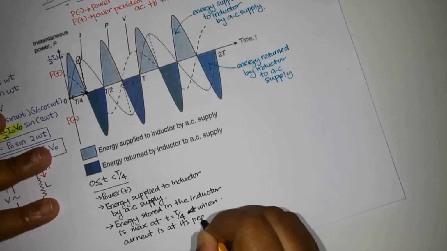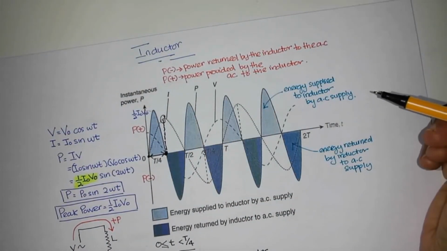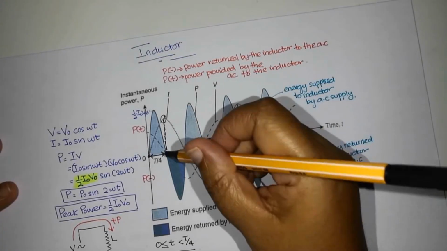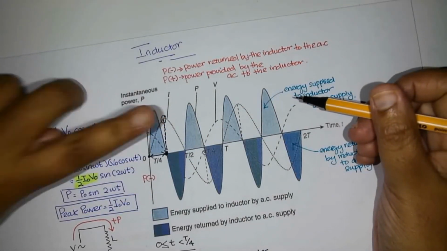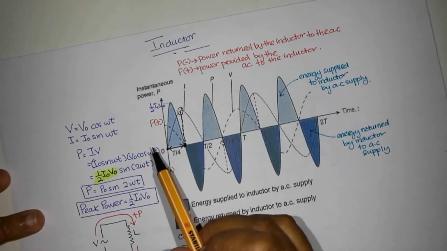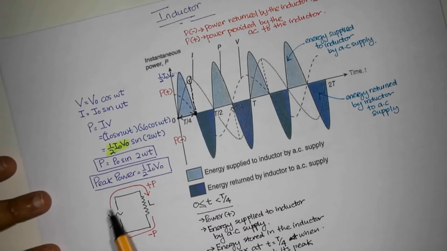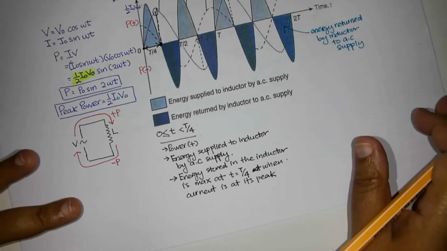So energy stored in the inductor is maximum at T over 4 when current is at its peak. So from 0 to T over 4, power is positive, power is supplied to the inductor, energy is supplied to the inductor, and the energy is stored inside the inductor in the form of magnetic field. Correct or not?